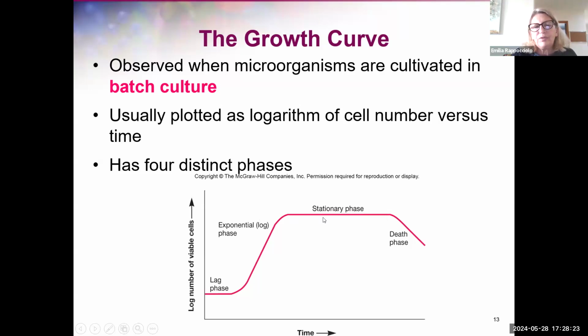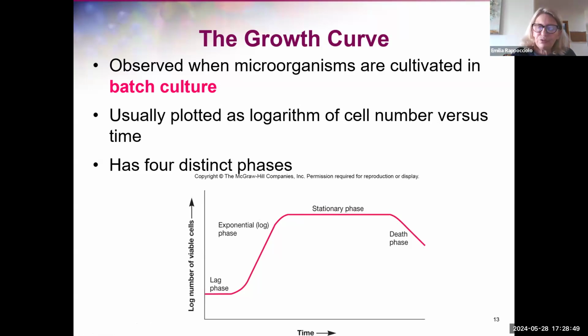And this as well can go for different times. And then after a period, you will have a death phase, whereby the number of cells now is decreasing. So you have fewer cells than you had before. So here you have same number of cells, many more cells, same number of cells, and then fewer cells. And this is called the death phase.